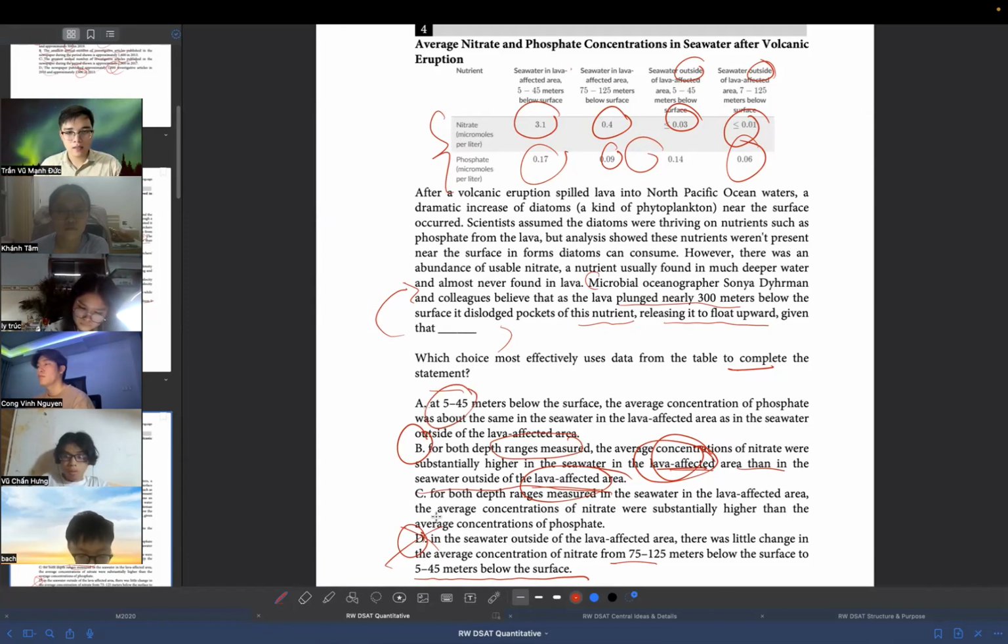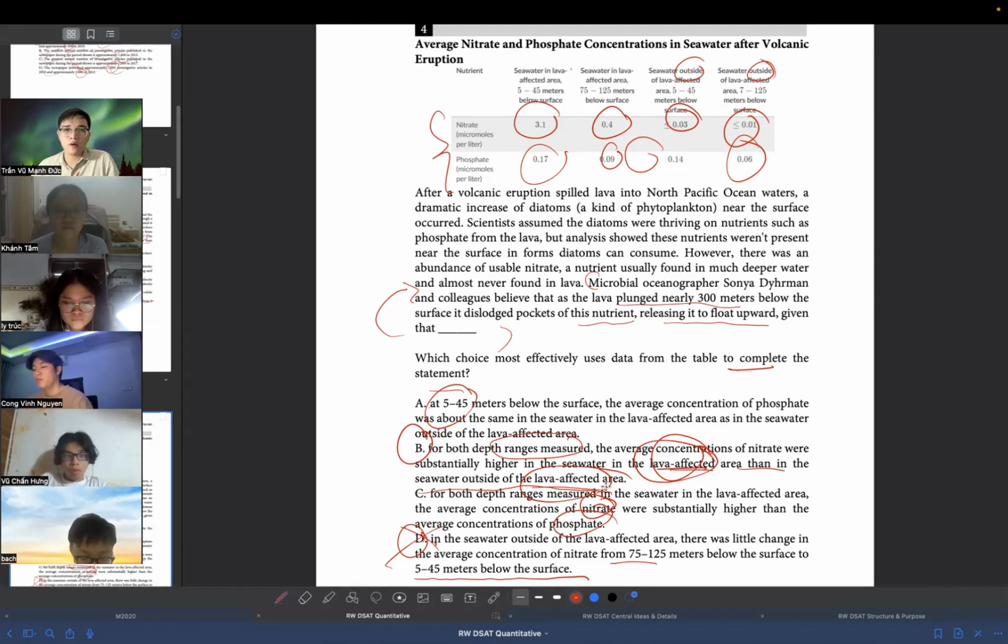A and D, they're comparing different levels. And C, in the lava, both depths, higher than average concentration of phosphate. This is comparing different kinds of substances, so it's not related to each other.